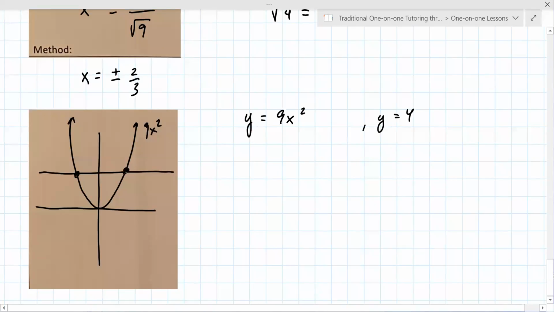And you got 2 places that they intersect. All right. Okay. You got it down?